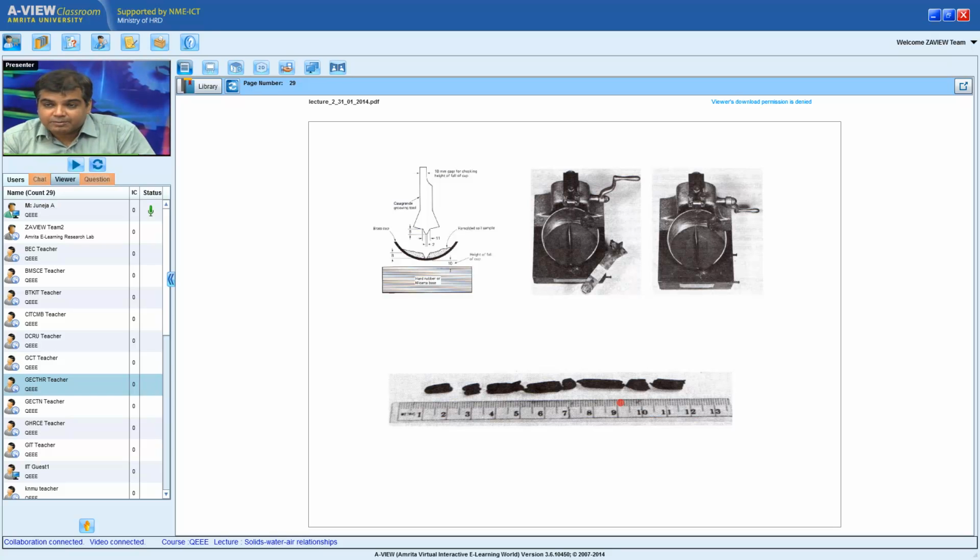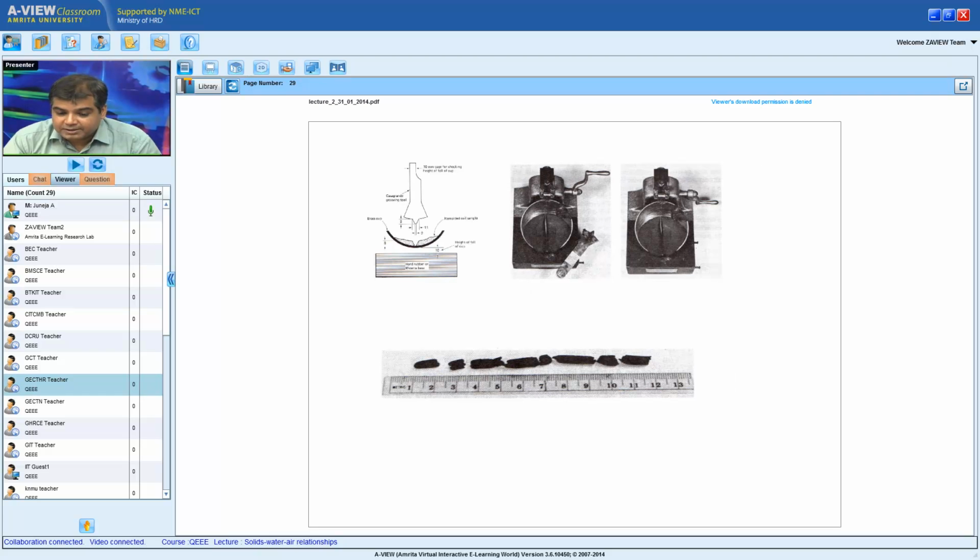And if it does not begin to crack, you remold the soil again into a ball and start rolling again. So this process is repeated, rolling up to 3 millimeter, and you see whether it's cracked up. If not cracked up, you repeat the process. And you collect those threads which have cracked up, and you measure the water content of these threads. The water content will give you the plastic limit.